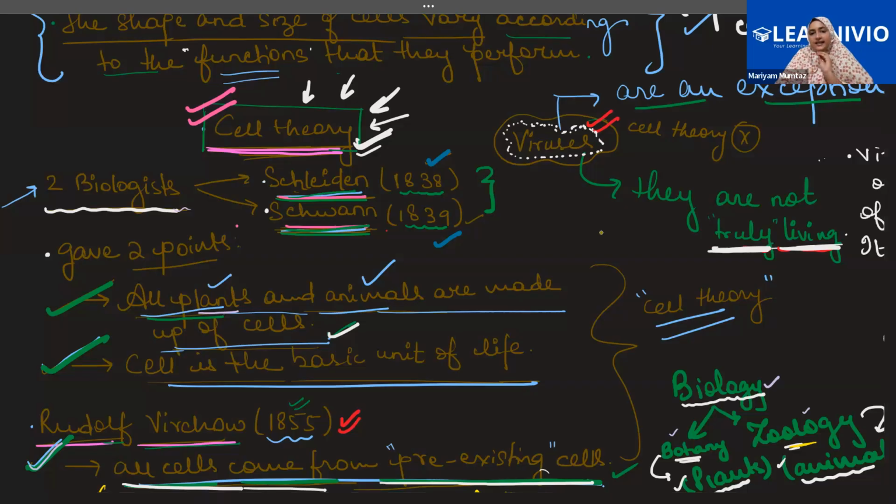But did they tell us where the cell comes from? No, they did not tell us anything about the origin of the cell, how it comes to exist or anything of that sort.